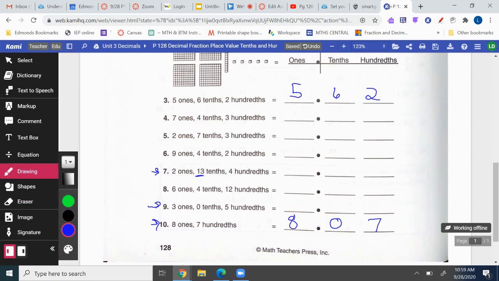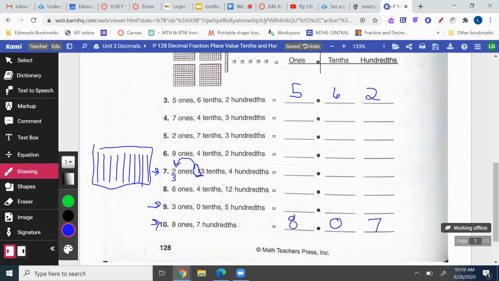Every 10 tenths I have, so if I had 1, 2, 3, 4, 5, 6, 7, 8, 9, 10 of these blocks, that really ends up making one of the whole blocks. So I'm going to take this 10 and change it to a 1.